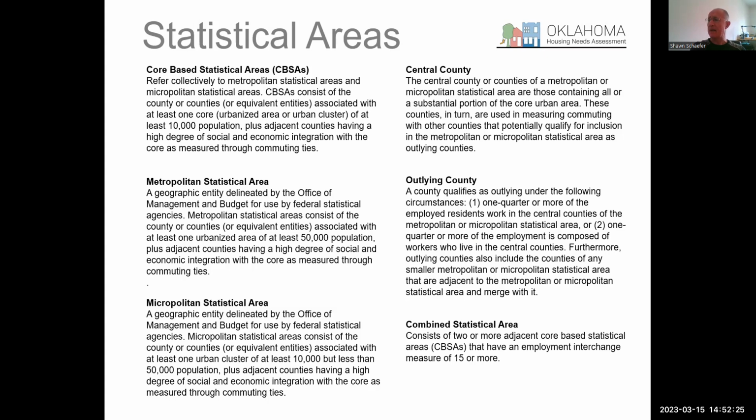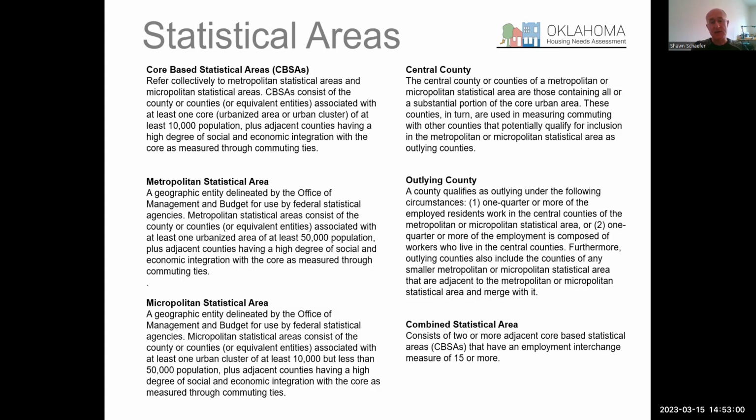Metro areas have at least 50,000 people. Micropolitan areas have 10,000, but less than 50,000. And they usually will include adjacent counties, or you'll have a central county where the main city is, and then you'll have outlying counties if they're interacting. In other words, where like a quarter of the people are commuting into the central city to work. That will get you included as part of the statistical area.